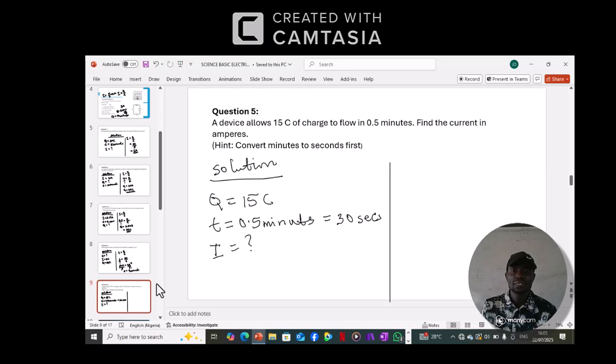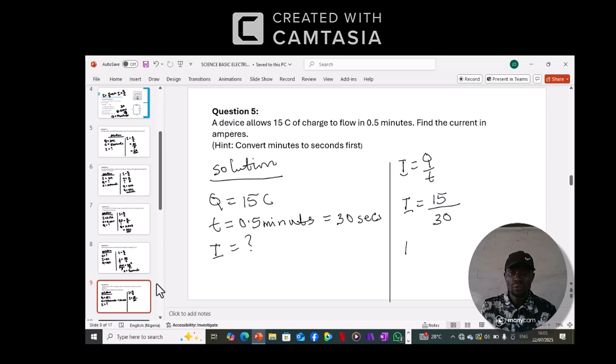Okay, I equals Q over T. We are looking for I. I equals Q, Q equals 15, then time is 30 seconds.